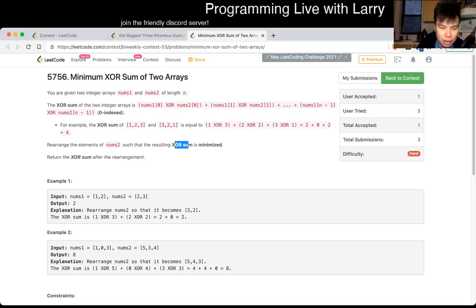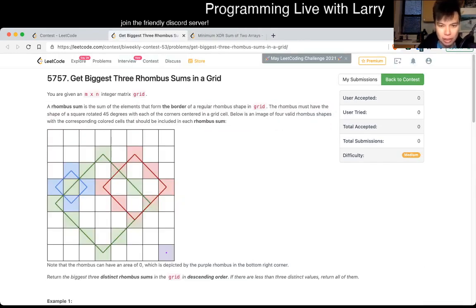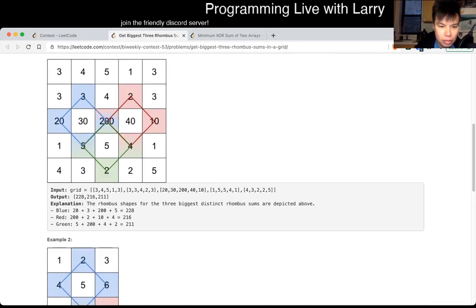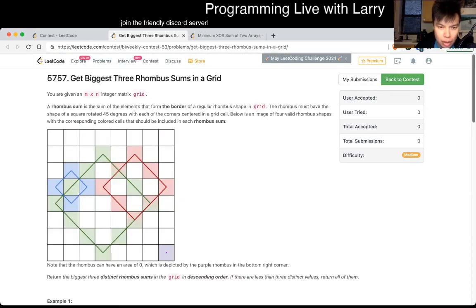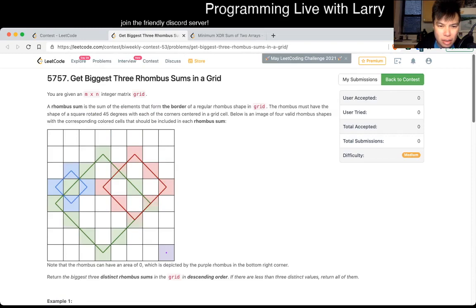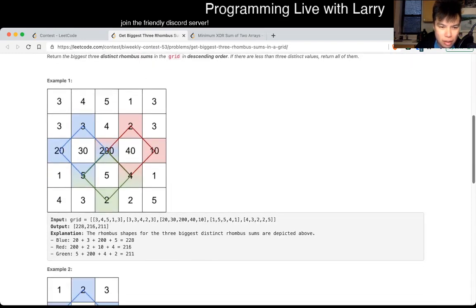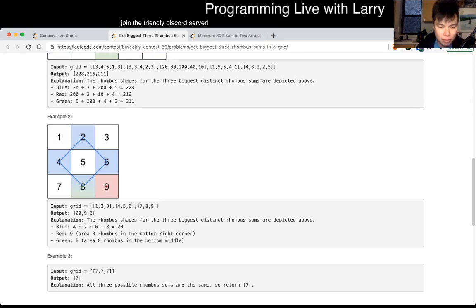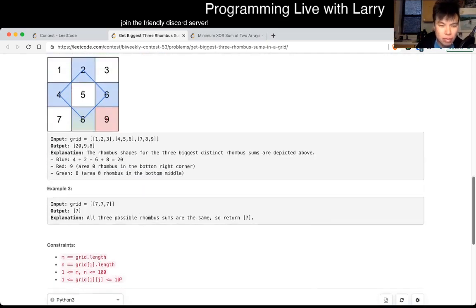XOR sum is minimized. Both of these are kind of... I don't have an intuitive thing. What's this thing? This one got hard.